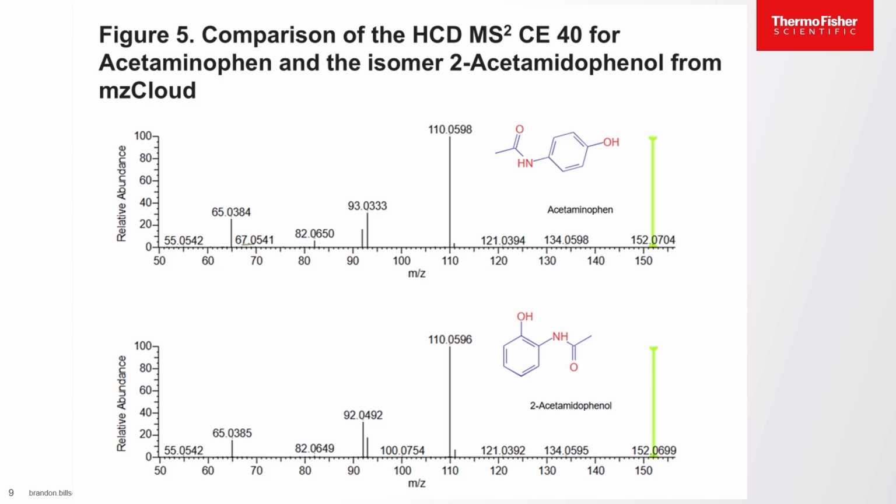And we can see that at collision energy 40, acetaminophen and its isomer, 2-acetaminophenol, are very similar to each other. There is a slight difference in the ratio between the 92 and the 93 fragment, but these are still very close to each other in terms of their spectra.